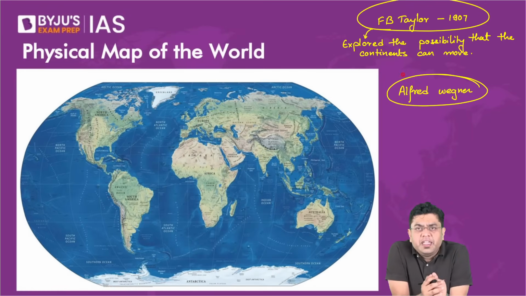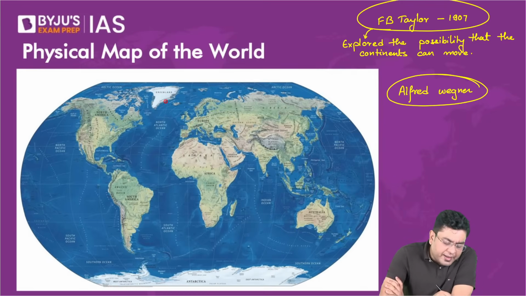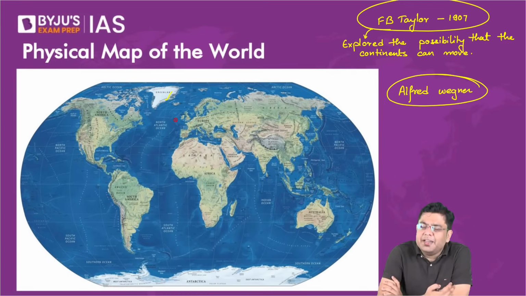He was a climatologist by profession, and his specialty was to study climate change. Alfred Wagner would often go into the region of Greenland and study the various ice deposits to understand how climate has been changing in the past history of the planet.